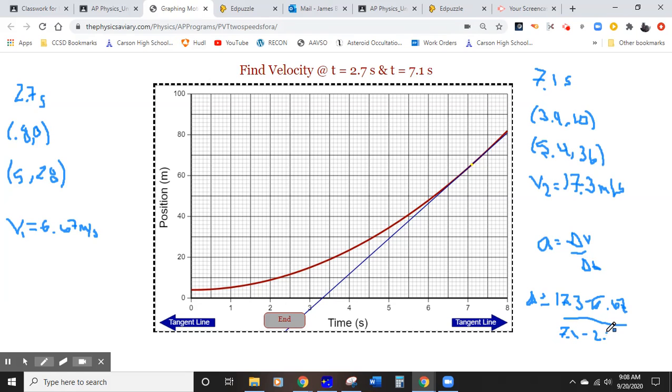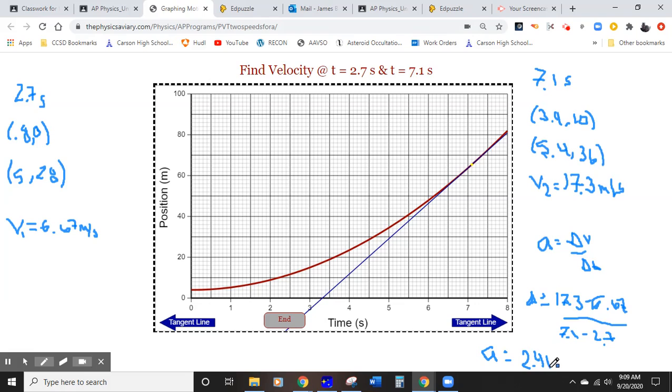So my acceleration is going to be parentheses 17.3 minus 6.67 close parenthesis divided by 7.1 minus 2.7. And I got 2.4.